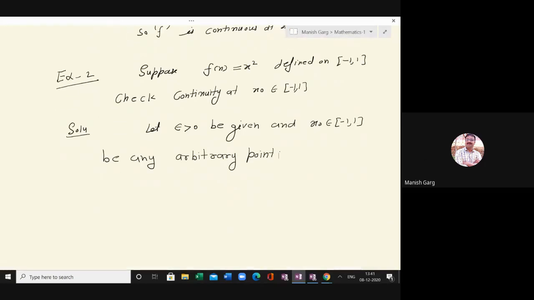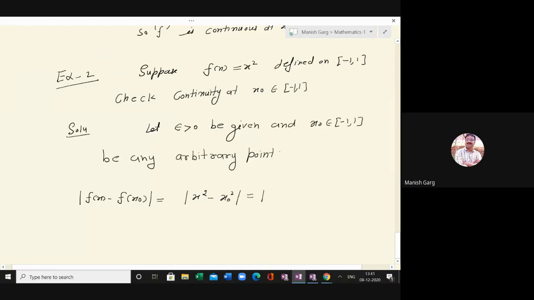That's why I consider an arbitrary point. Now, epsilon delta definition: f(x) minus f(x naught) will be x square minus x naught square. I told you to try to bring the expression in terms of x minus x naught.